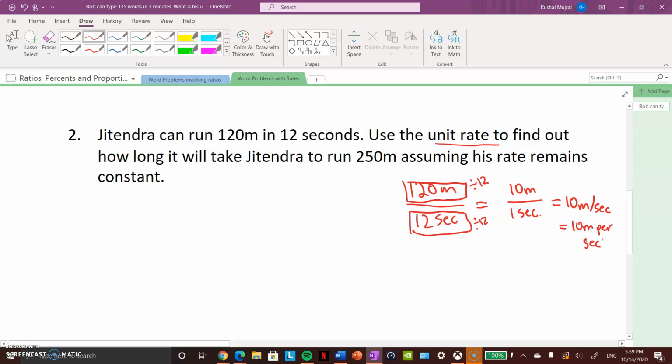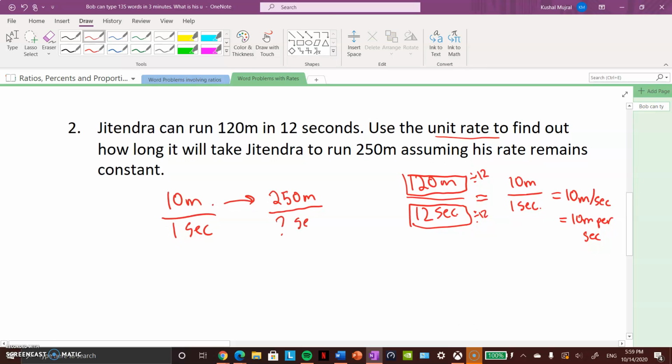So, now that we have the unit rate, we're going to find out how much time it takes him to run 250 meters. So, the unit rate is 10 meters divided by 1 second. And we want to know the time, if you went 250 meters in a certain number of seconds.